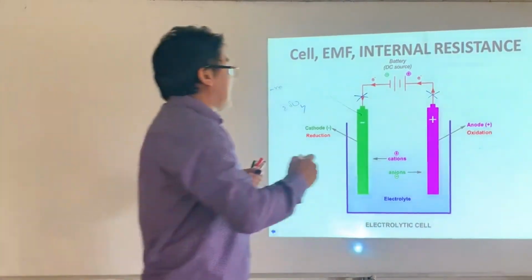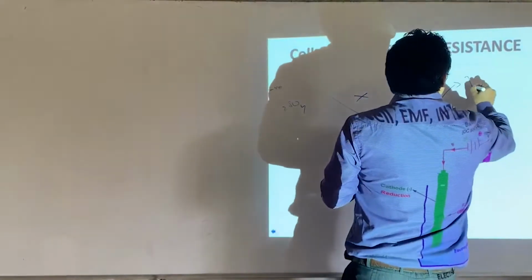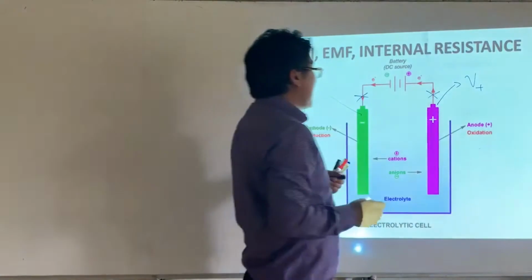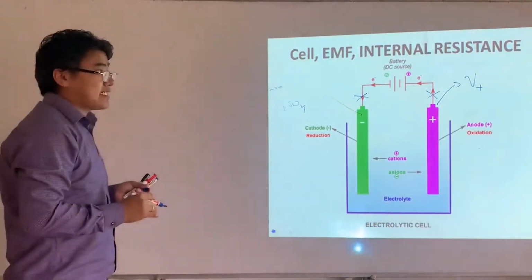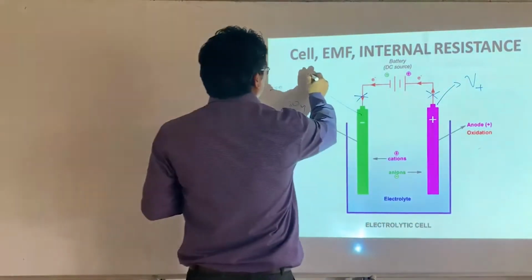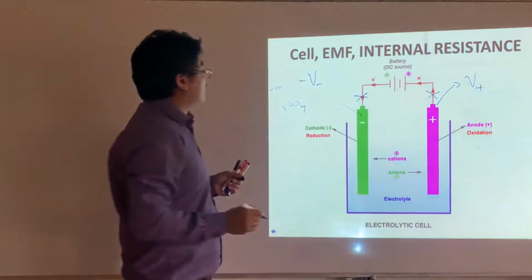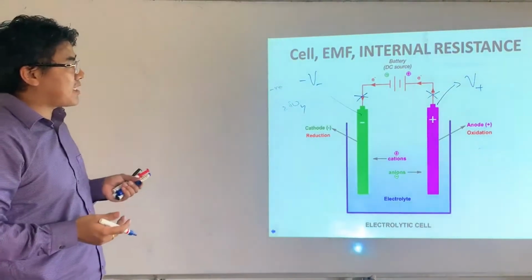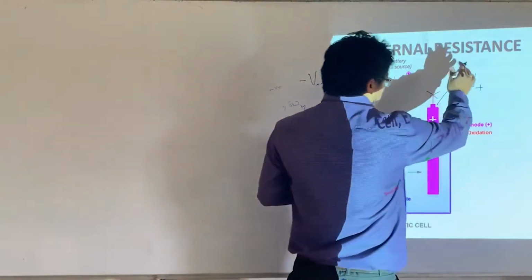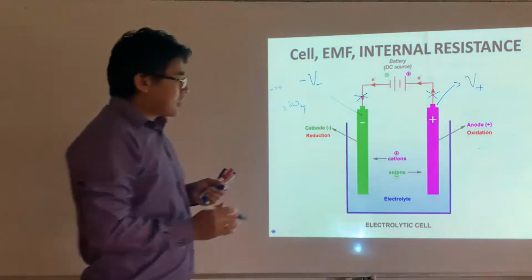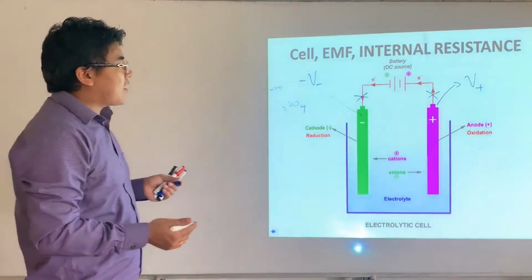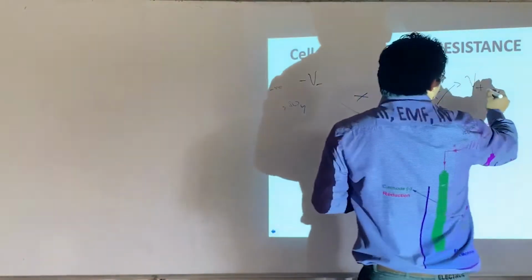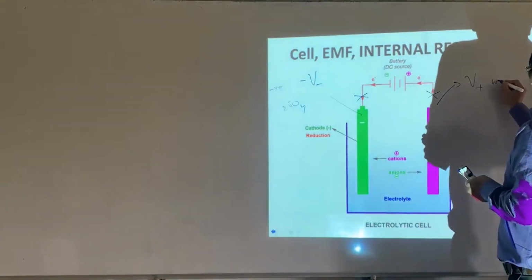And I say this is the potential at the positive side, this is the potential at the negative side. So the potential at the negative electrode is negative, and the potential at the positive electrode is positive.